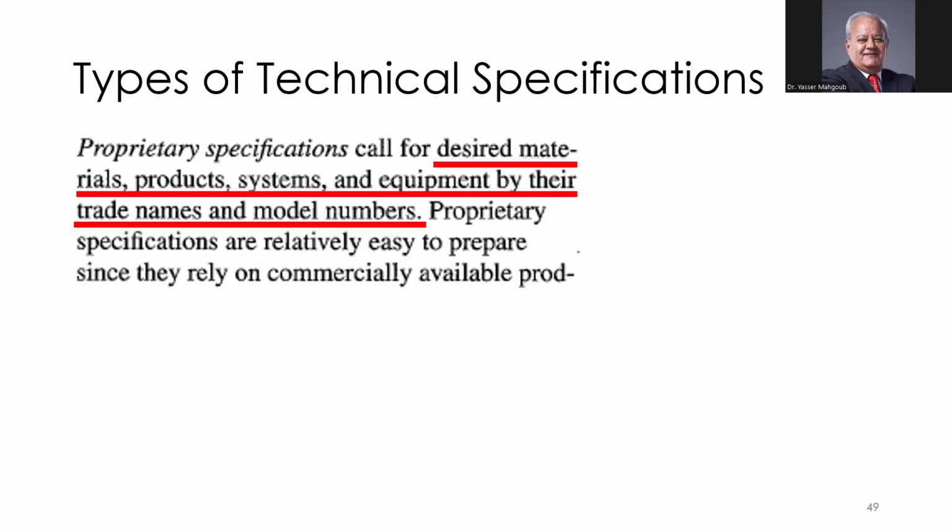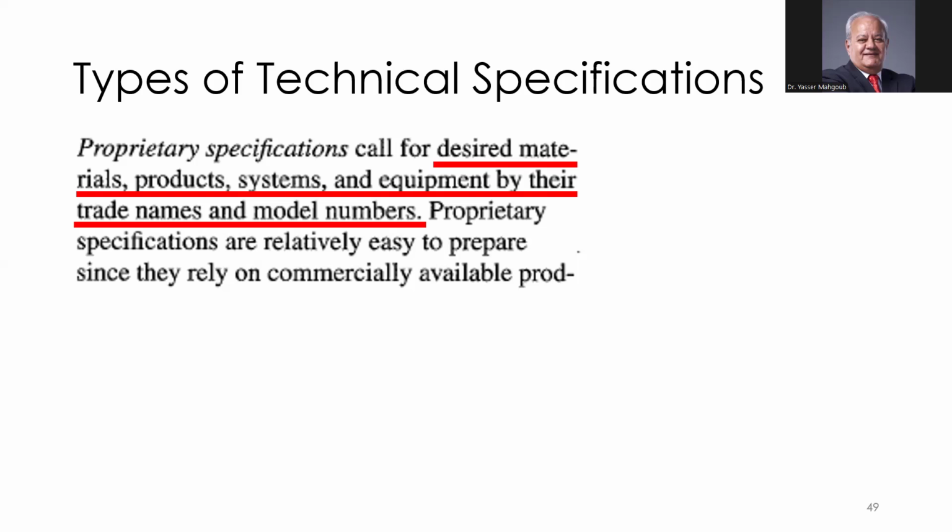But if it's direct work from the owner to the contractor, the owner can specify, no, I want this type of equipment and this model. So it depends if this is an open governmental bid or a closed owner bid.